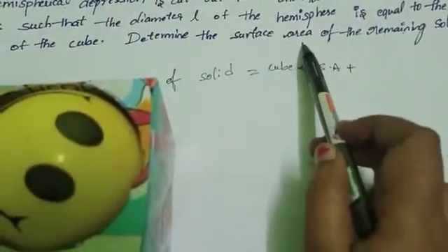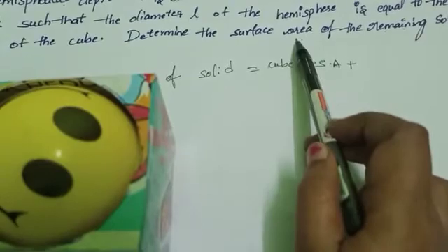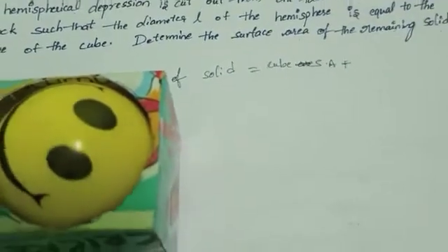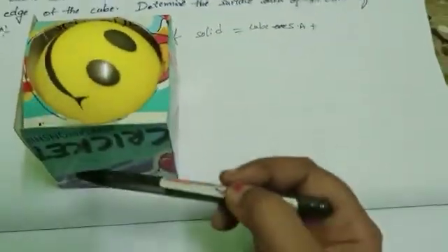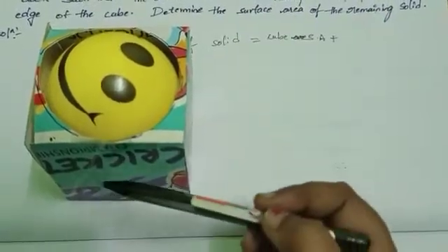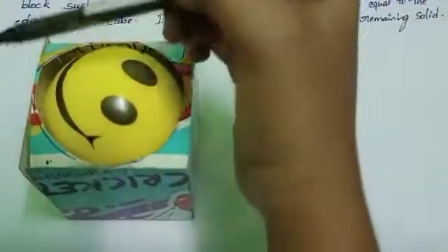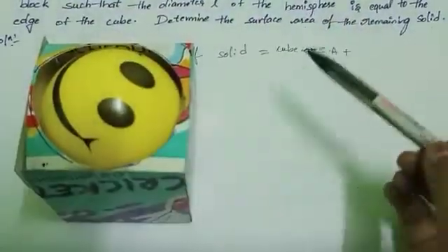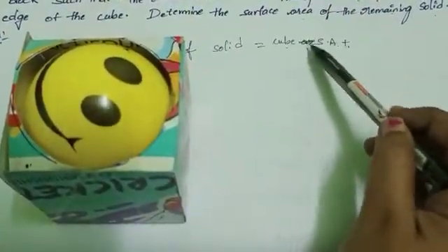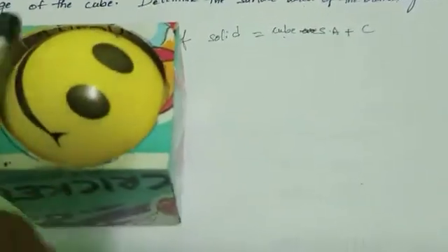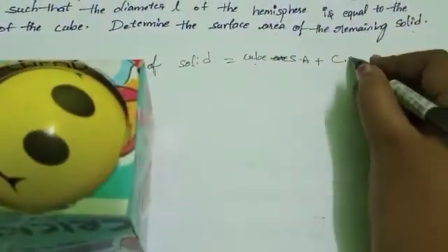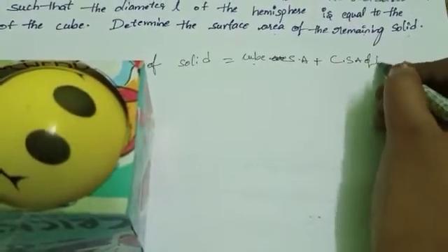The surface area is the area or region occupied by the surface of the object. Here the remaining surface area is 6 faces. These 6 faces' area, the cube area, plus the curved surface area. This is the curved surface of the hemisphere.